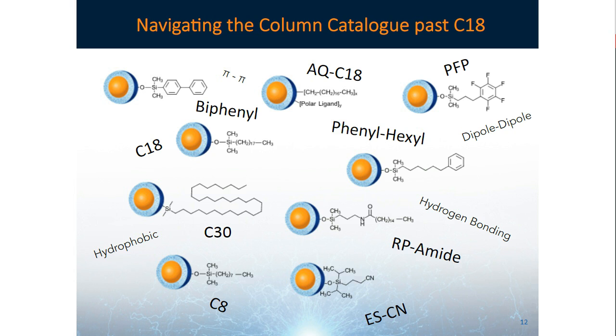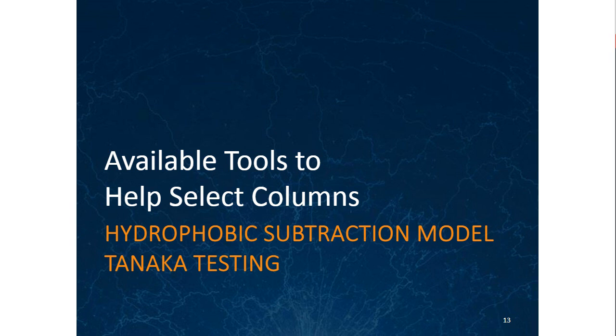So this is the part where you can use the hydrophobic subtraction model or the Tanaka testing characterization in order to put these different bonded phases on an even playing field and compare their selectivity characteristics and what really gives them their retention behavior. So next I'm going to talk about the available tools to help select columns, including the hydrophobic subtraction model and Tanaka testing.